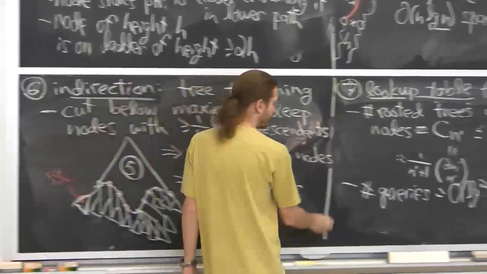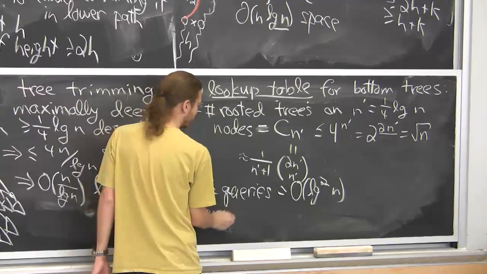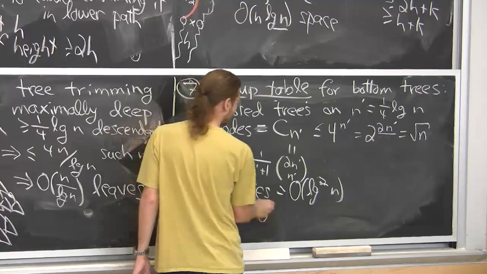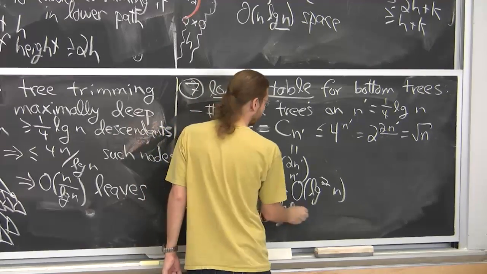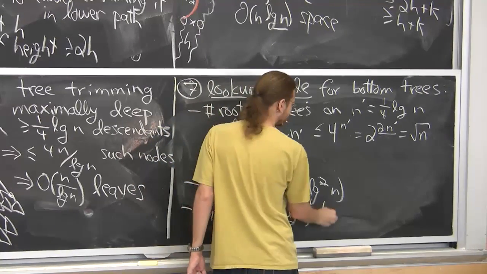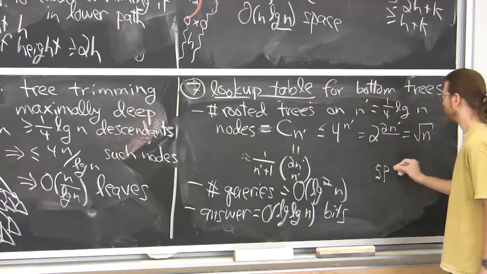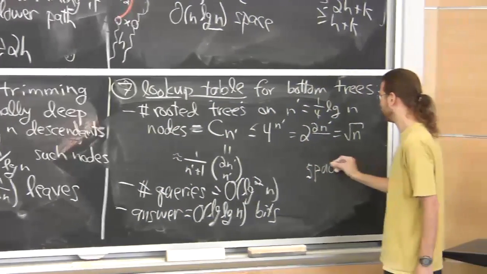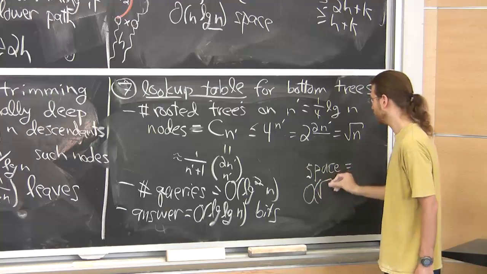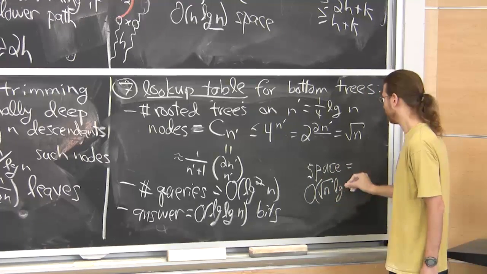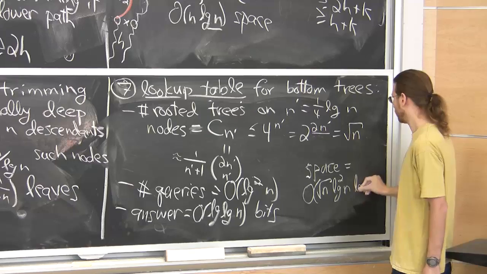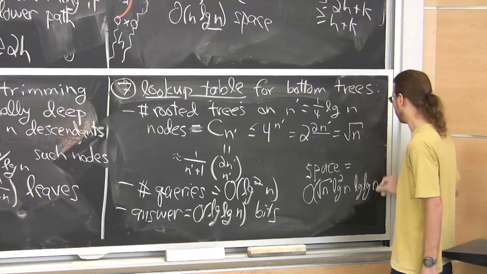And the answer to a query is, again, order log n bits, because there's only log n different nodes to point to. And so the total space is order root n log n squared log n for the lookup table.